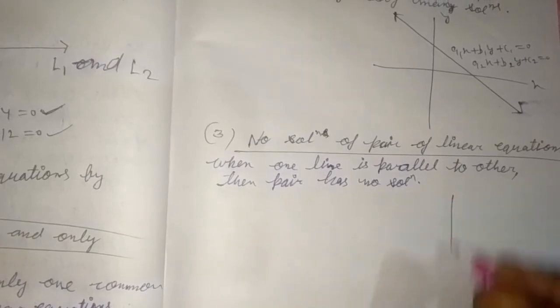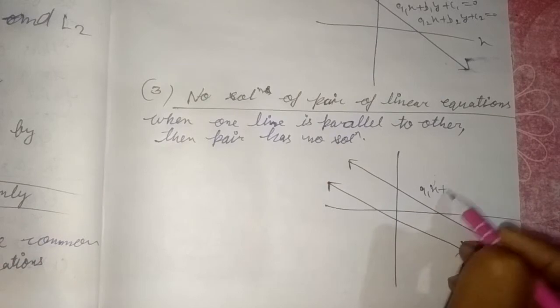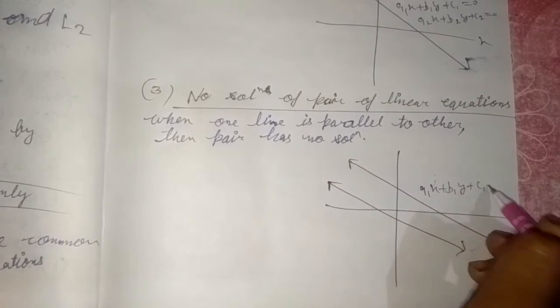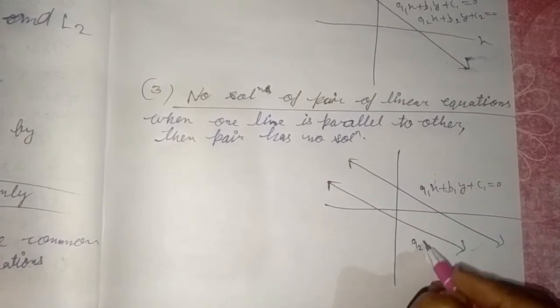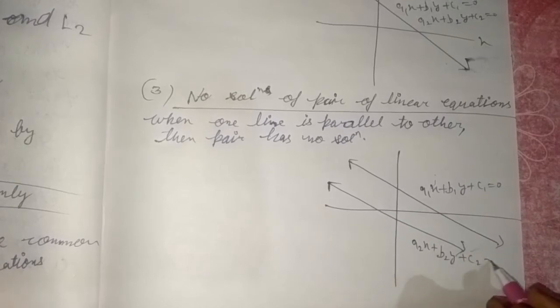Suppose it is a1x plus b1y plus c1 is equal to 0, and another a2x plus b2y plus c2 is equal to 0.